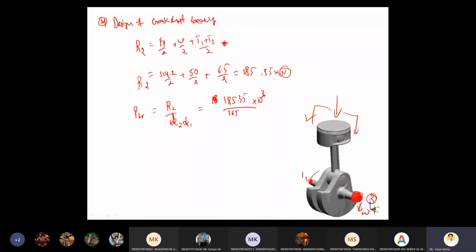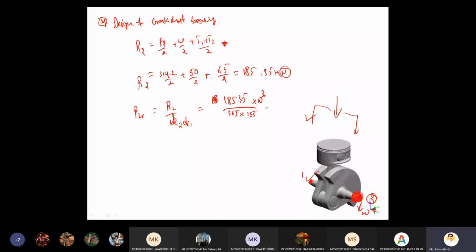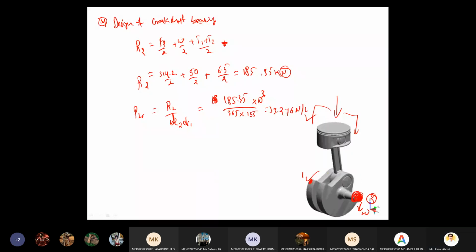The Ds value, design of the shaft under the flywheel, we already calculated, that is Ds1 155. So how much is this one? 3.276 newton per mm square.